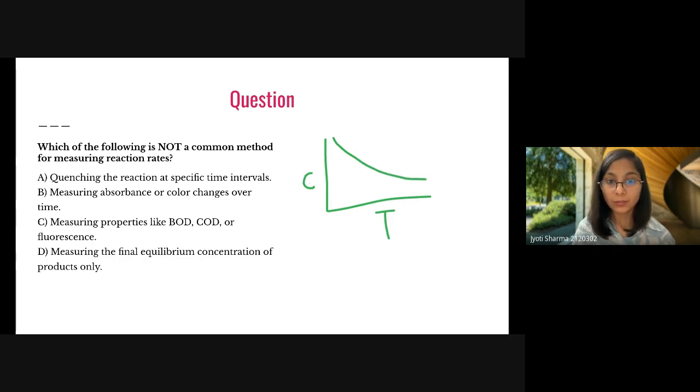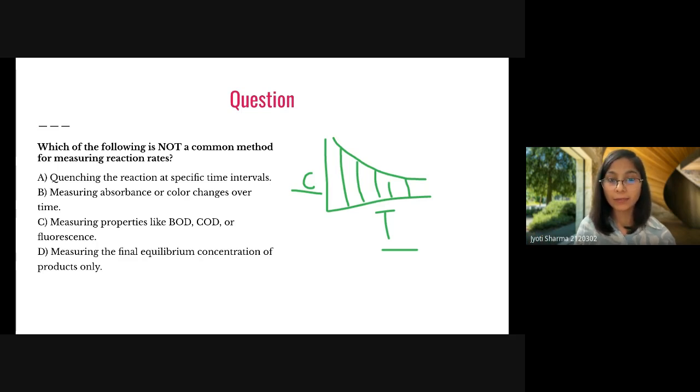With time we have to see the decrement of this concentration. This will give us the reaction rate, right? Whenever we measure the change in the concentration of the reactant per time, that will give you the reaction rate, and we have to multiply with the constant value. Okay, so how can we do this?